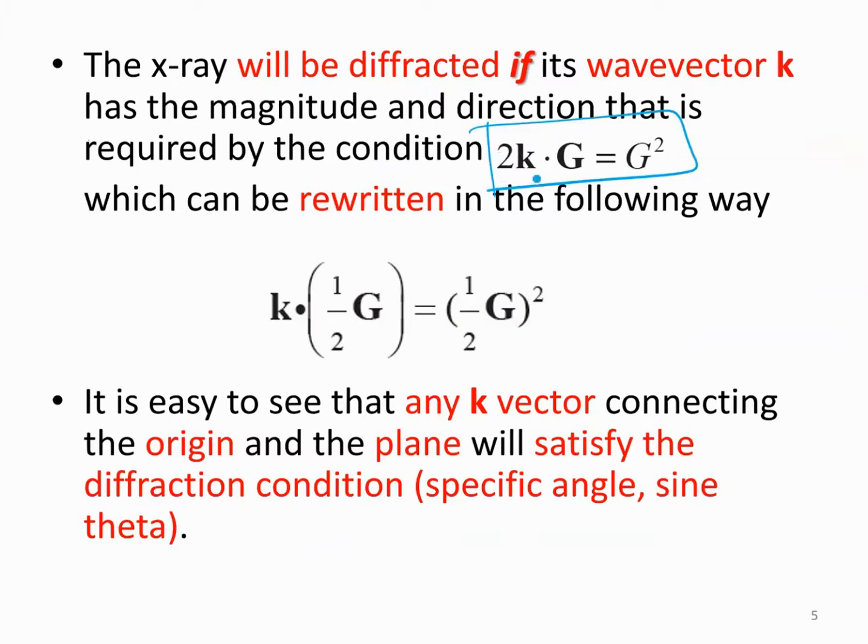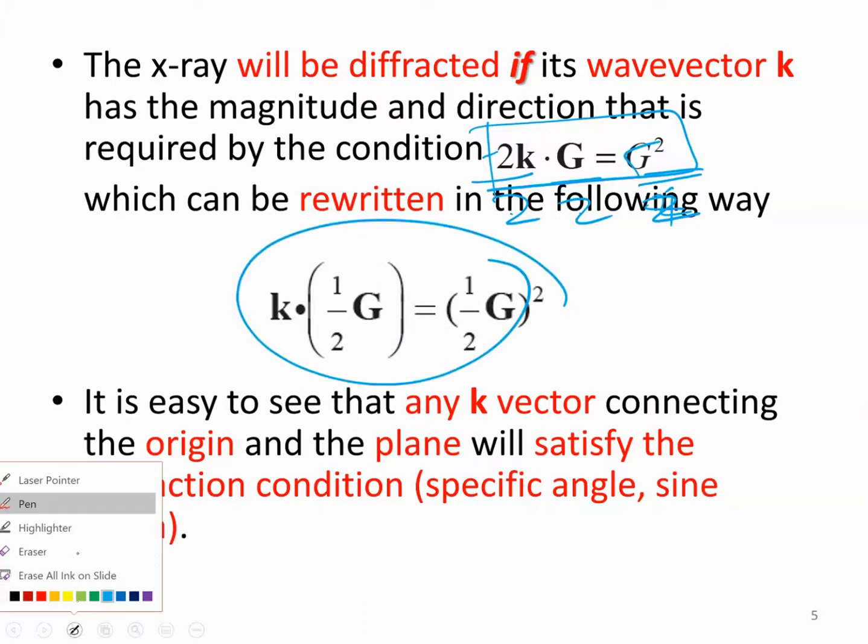We divide by 2, then you get k dot product with half G equals half G squared. Actually divide by 4, because here 2, then here has to be 4. Okay, so you get this one.